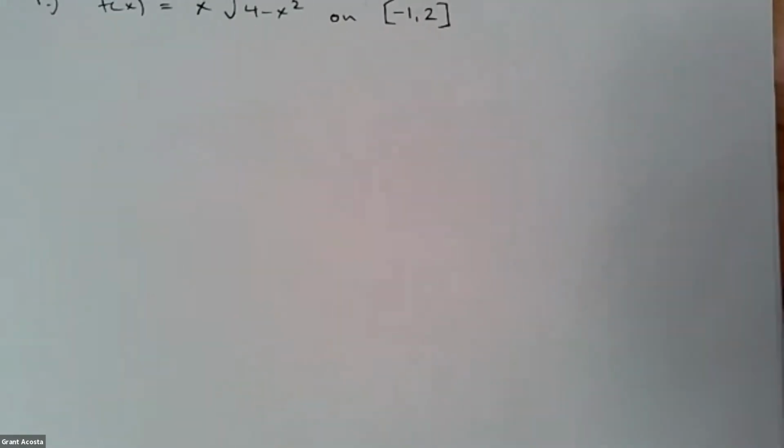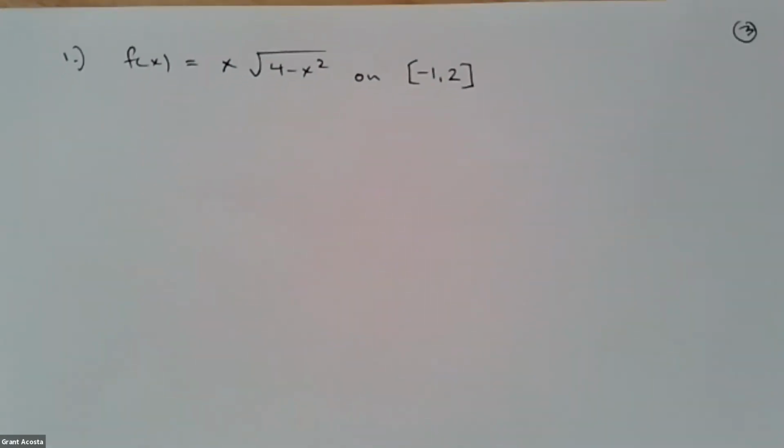Okay, so let's try this next one. f of x equals x times the square root of 4 minus x squared on the interval from -1 to 2.